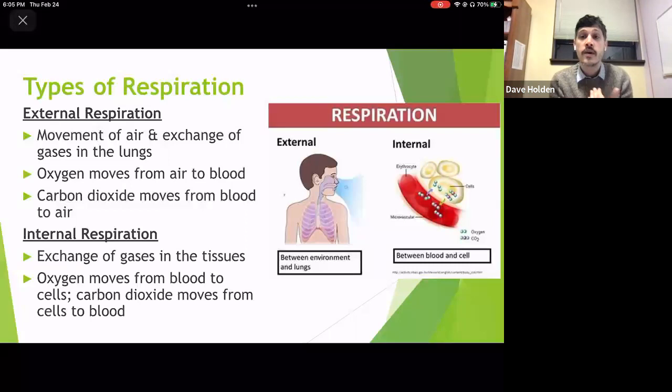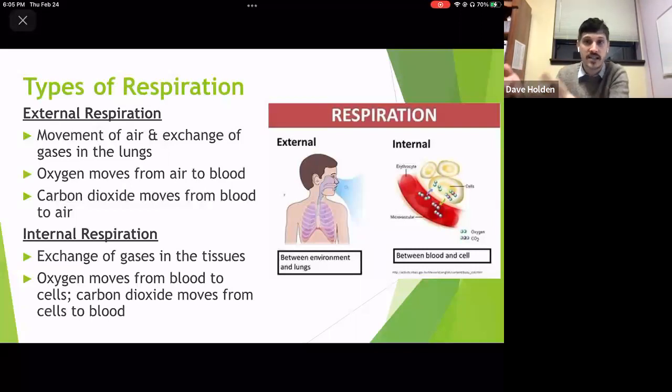Internal respiration is what happens with the blood next, right? Now that the blood is red, it goes to the heart and then gets pumped out through the rest of the body. Once we get down into the level of a capillary, anywhere else in the body, this could be in a muscle, in the skin, in an organ, in the brain, literally anywhere, internal respiration is where the oxygen diffuses out of the blood and into the tissues.